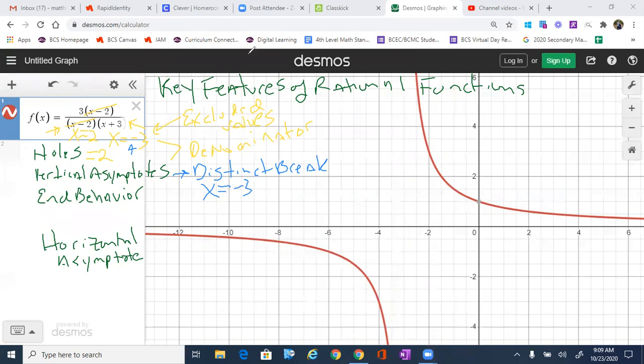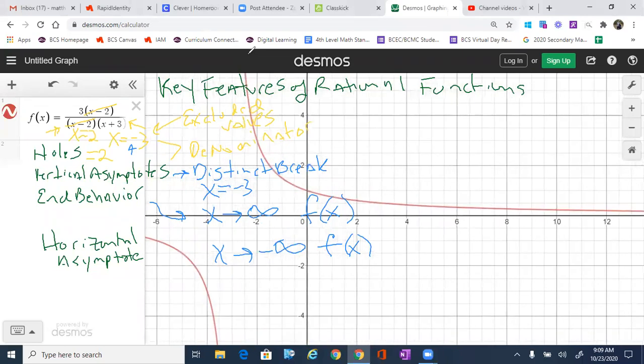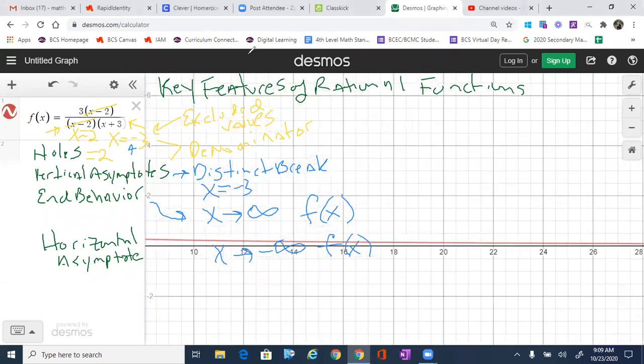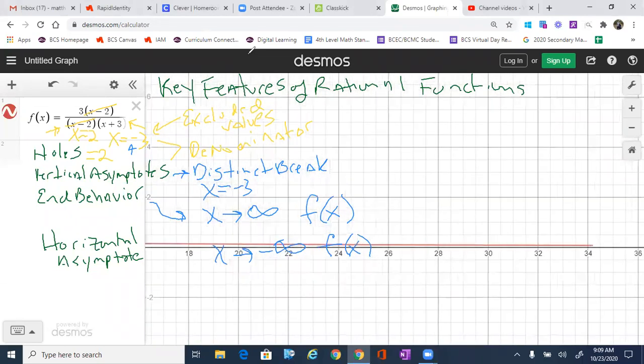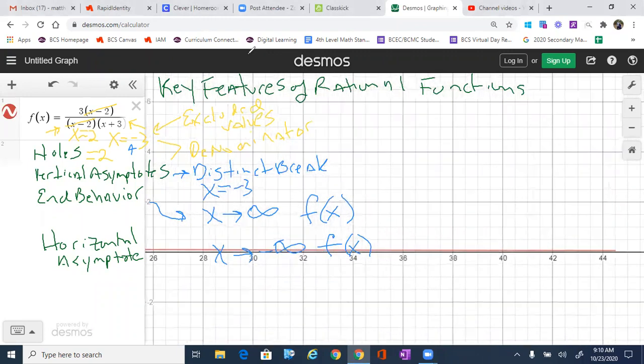End behavior is where does it level off? And remember, as we do end behavior, we start saying as x approaches infinity, what does f of x do? What does the graph do? Or as x approaches negative infinity, what does f of x do? Okay, well, let's go out to infinity. If I keep going out here, check out what's happening.